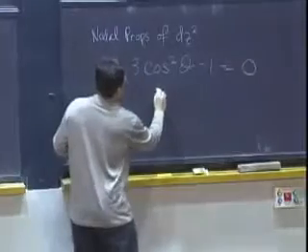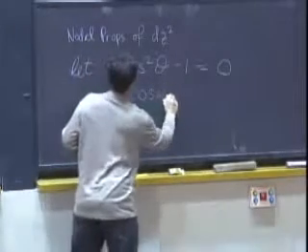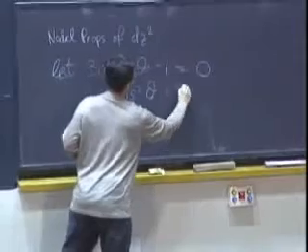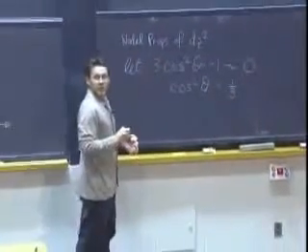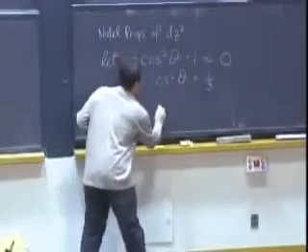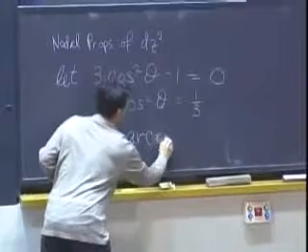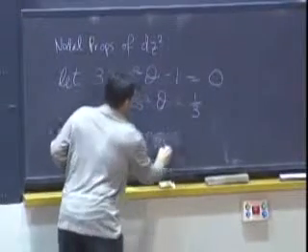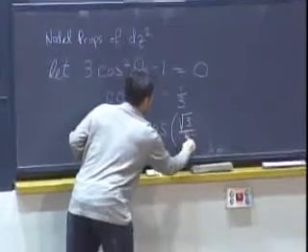And we can rearrange this and say that cosine squared theta is equal to 1 over 3. And if we go ahead and solve that, this comes out to the arc cosine of root 3 over 3.